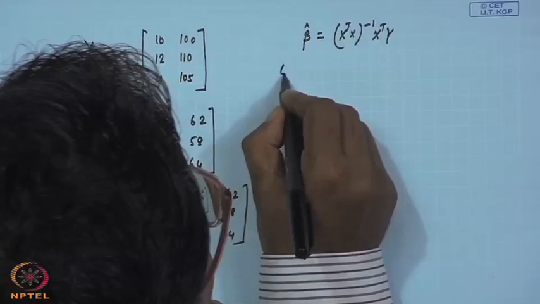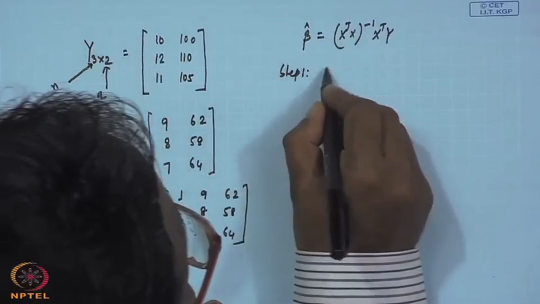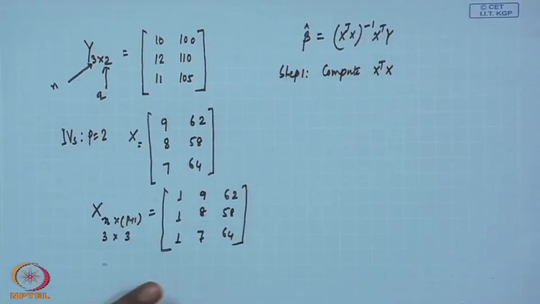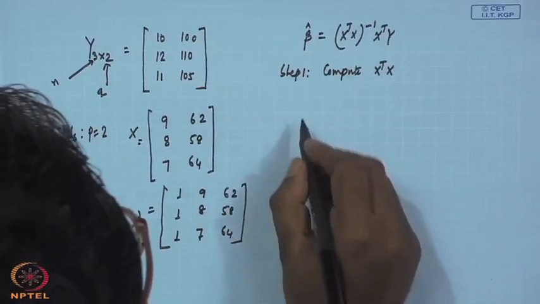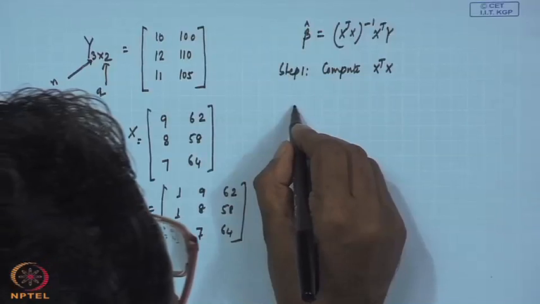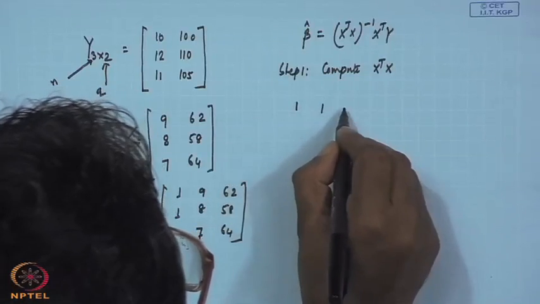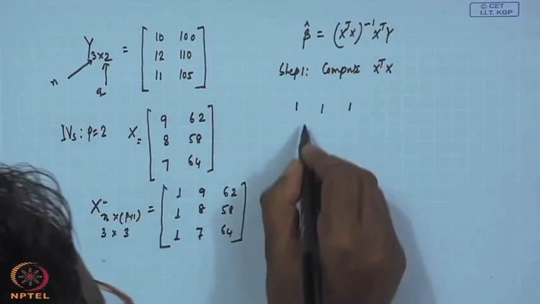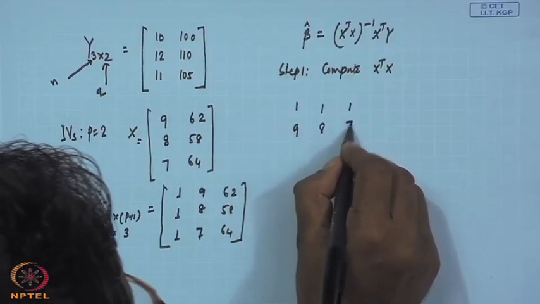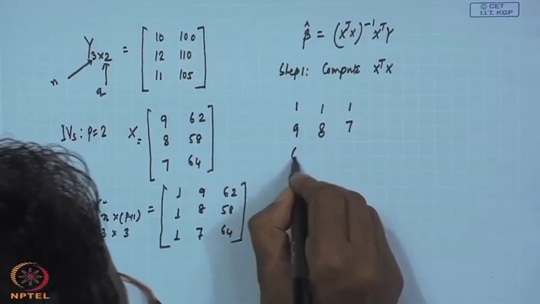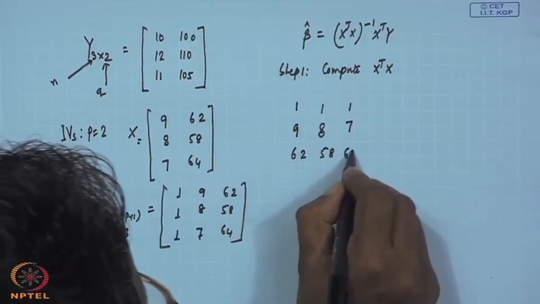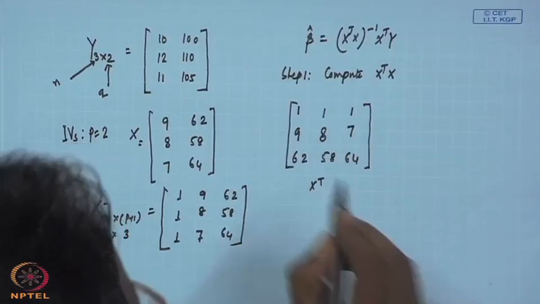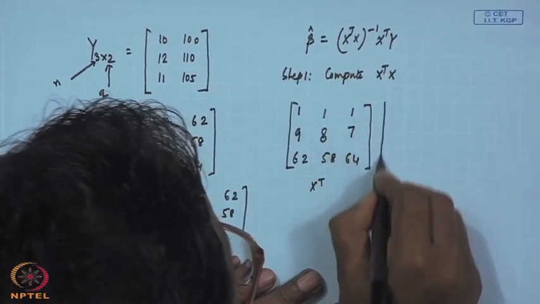Our step 1: compute X transpose X. X transpose is 1 1 1, 9 8 7, 62 58 and 64, which is the transpose of this matrix. Now what is our X matrix?